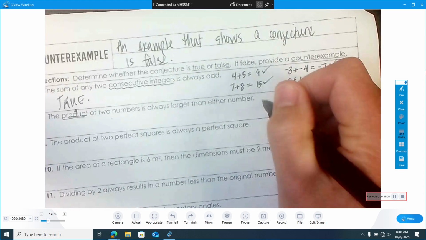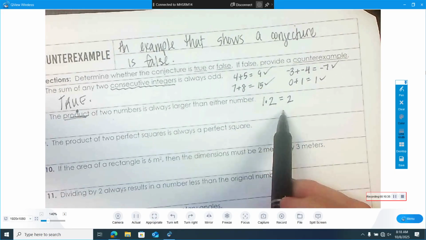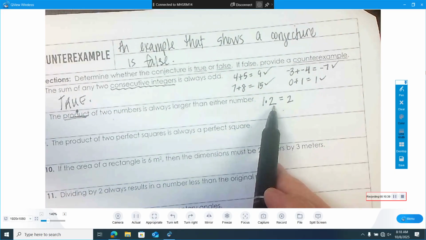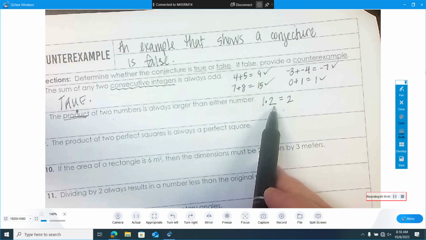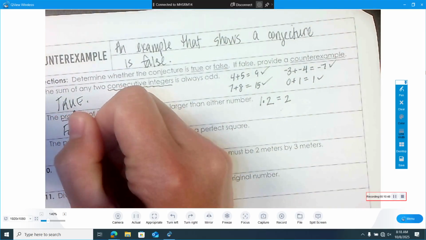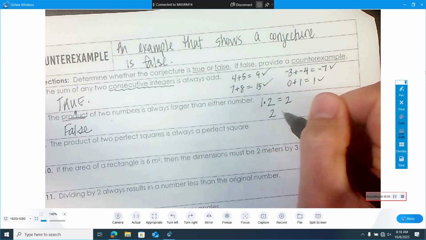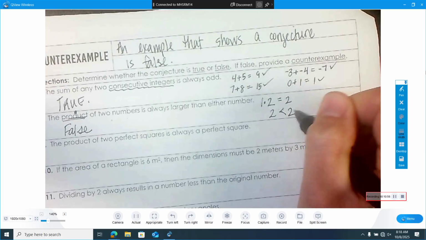Let's see, so 1 times 2? 1 times 2 equals 2. The product is always larger than either number. Well, it's larger than the 1. Is it larger than 2? No. Well, that's false, absolutely. Good counterexample there. 2 is not larger than 2.